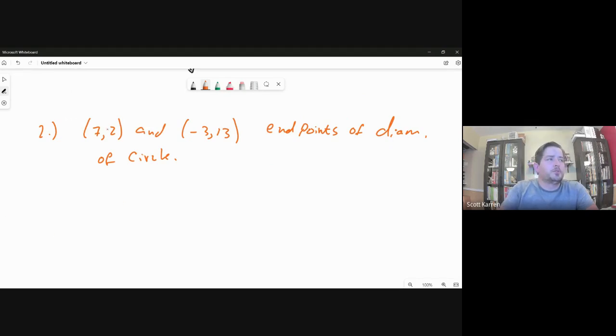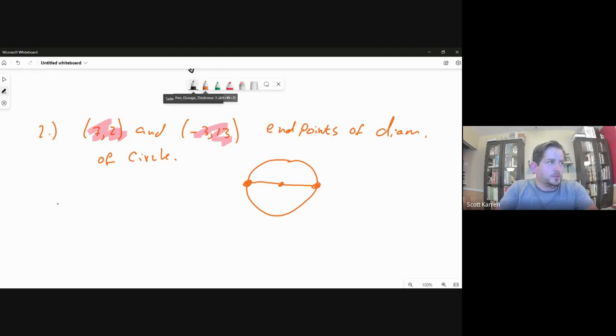So if I have this circle, I've got an endpoint here, an endpoint there. It's a diameter of the circle, so it goes through the middle of the circle, and the middle of that circle is the midpoint of these two points. And so you'll need the midpoint formula for this.